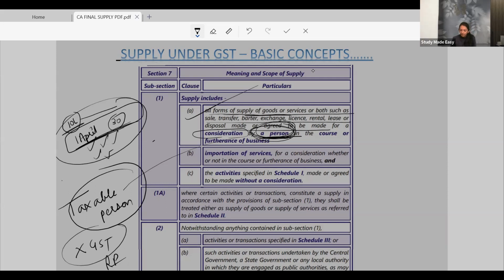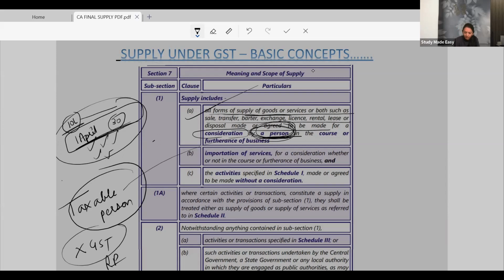Now, taxable person means, again, create a bullet and write. Taxable person means person registered or liable to get registered.